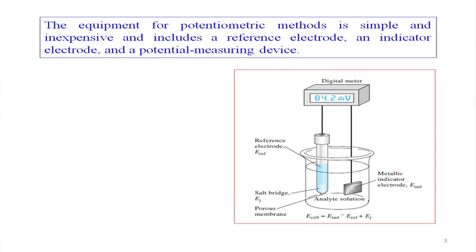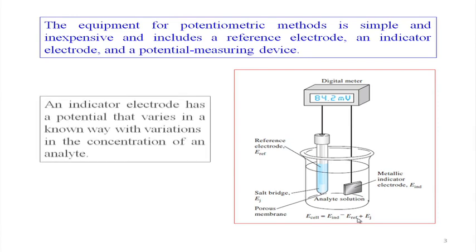That means the total potential for the cell plus some correcting value, since you can have some junction, as we have seen earlier with the inverted U tube. So, this is the value for your junction, the junction potential.